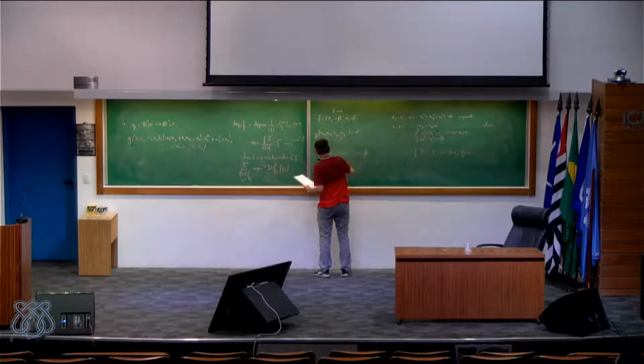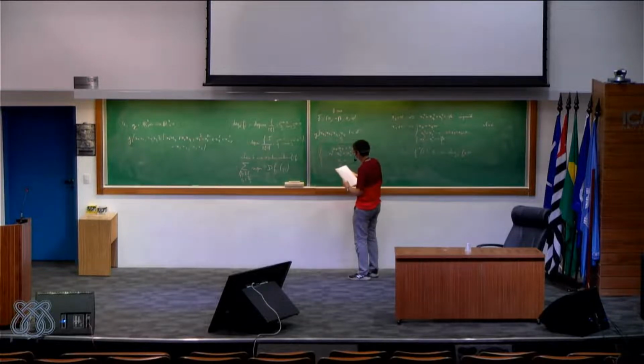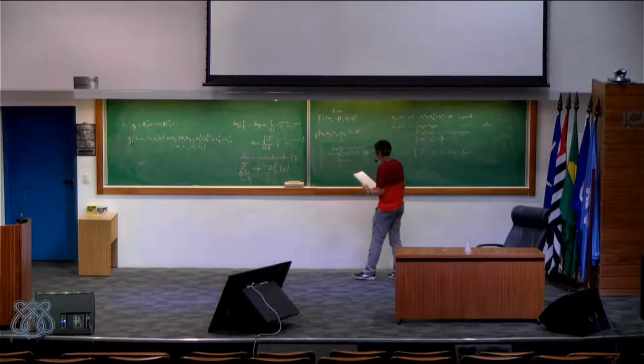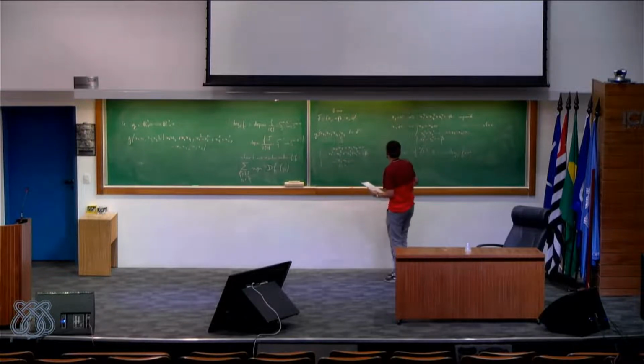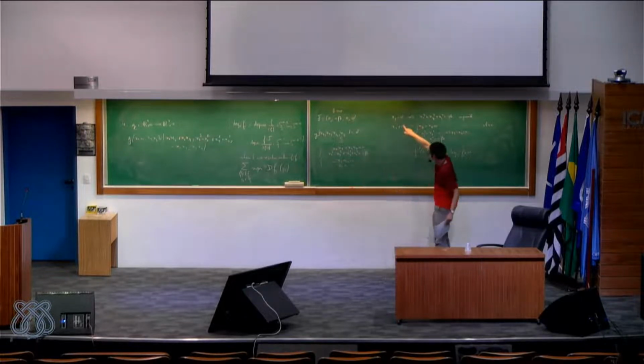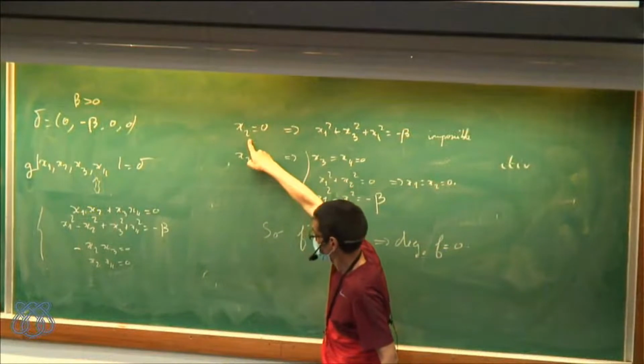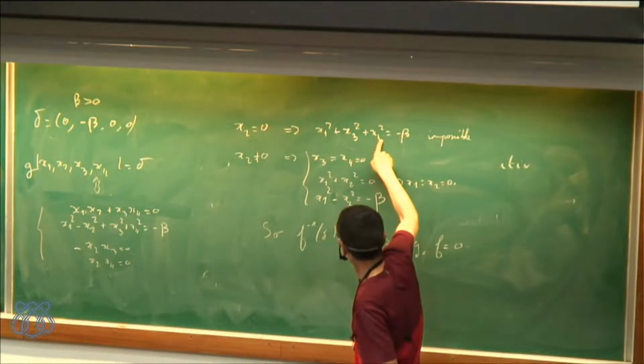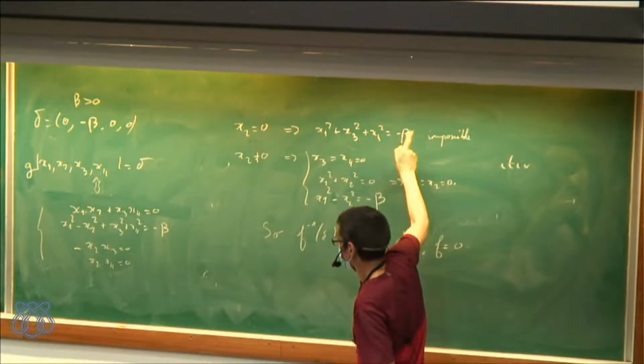The first line is different: x1 x2 plus x3 x4 equals 0. And here, the first line, I don't have to erase it because this is still true. If x2 is 0, you have something greater than 0 and something negative. So, impossible.